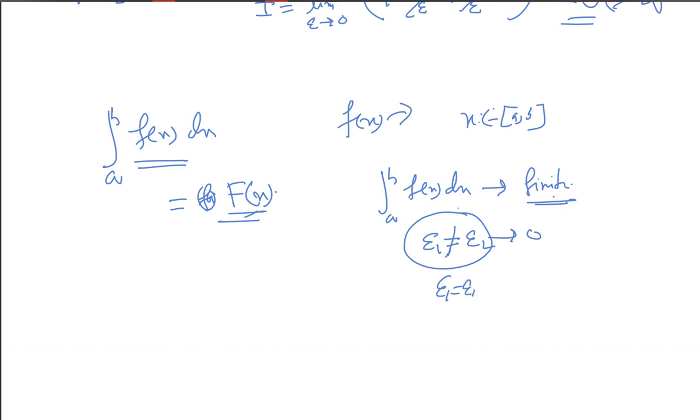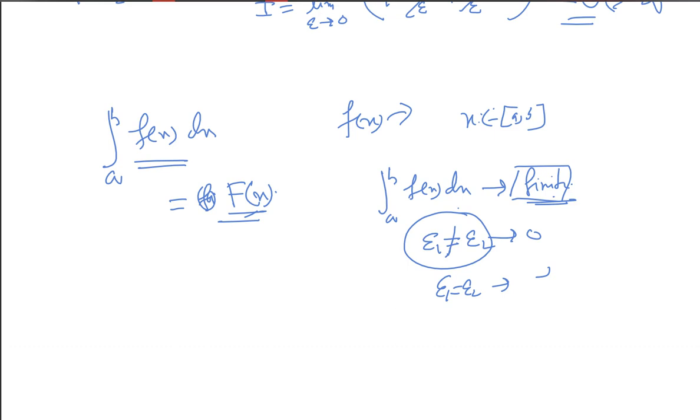And if you take epsilon 1 equal to epsilon 2, in that case if you get some value, that value is known as Cauchy's principal value. When you have a general value, some finite value, that is the Cauchy's principal value. But the converse is not true: you might have a Cauchy's principal value but not a finite value, the integration not convergent.